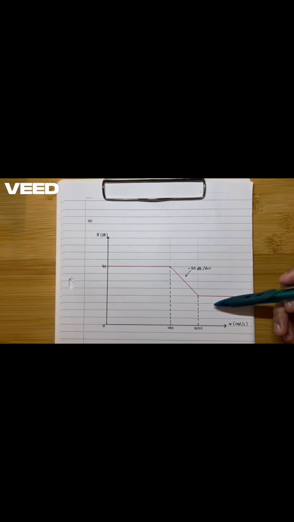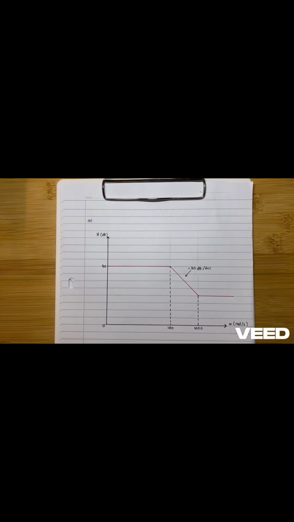So this indicates that at high frequency, the system's gain settled to a new constant value. The overall slope is 0 dB per decade, meaning the combined effect of the poles and zeros at high frequency results in no further change in the magnitude roll off.